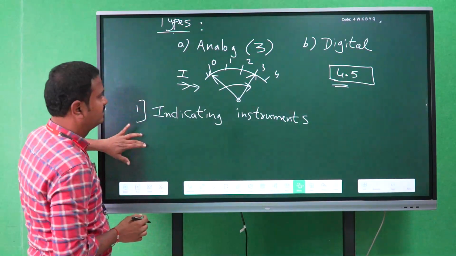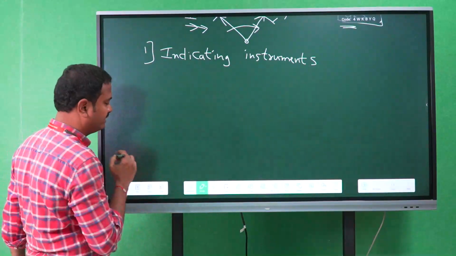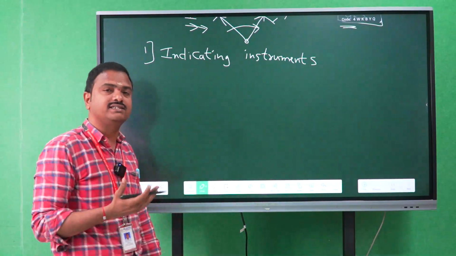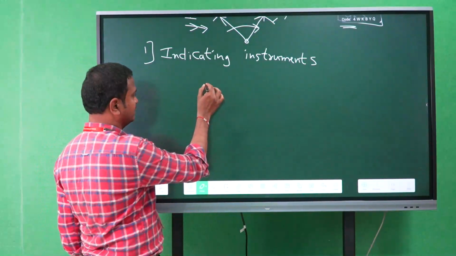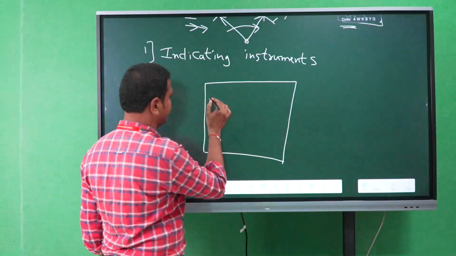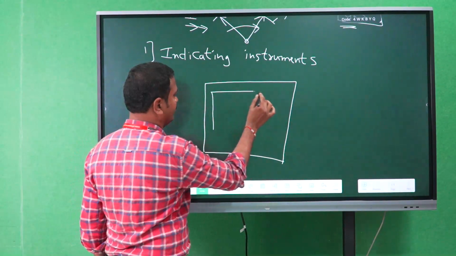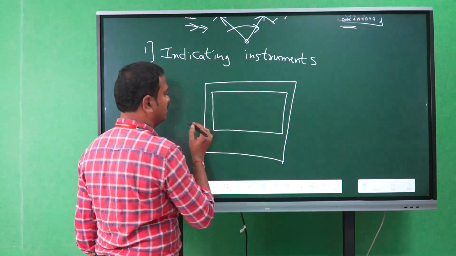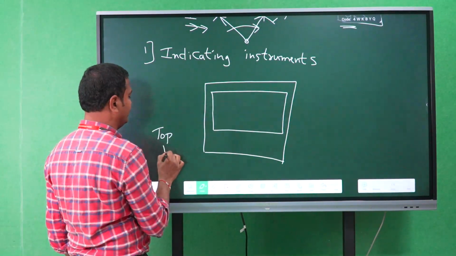So let us see the practical ammeter. An ammeter is an instrument which measures the current. Let us consider a practical ammeter. This is the top view of the ammeter.